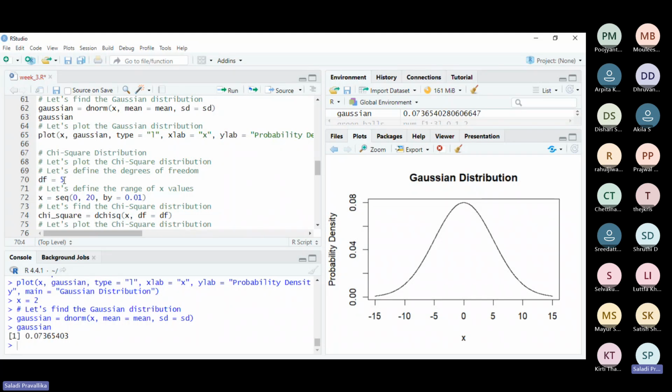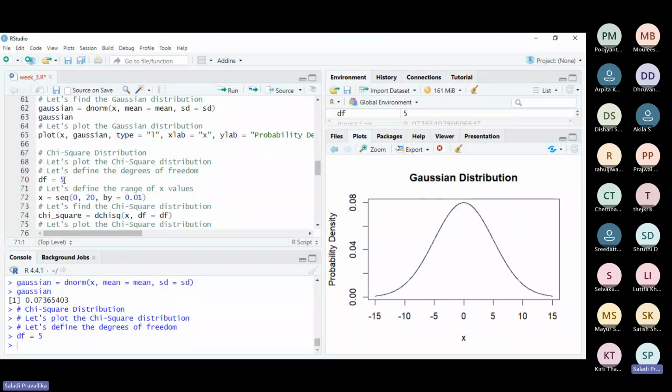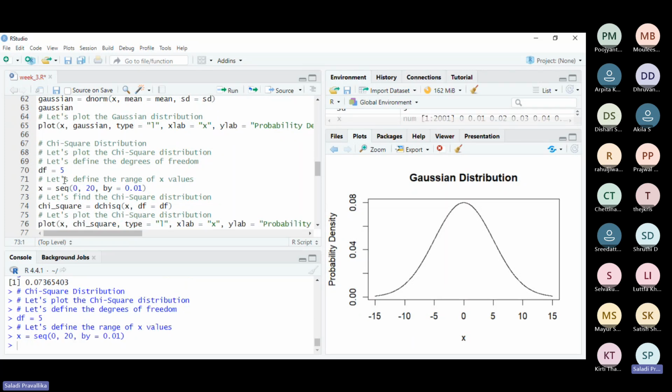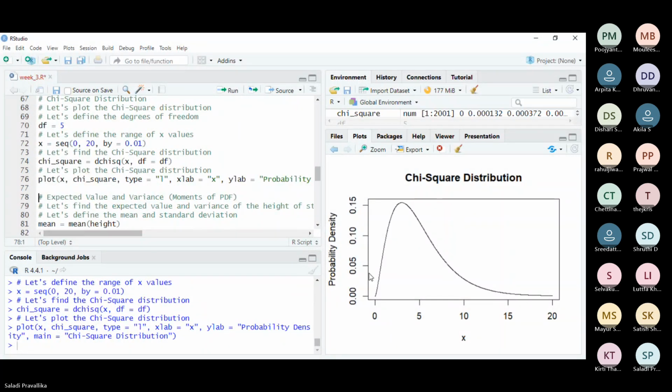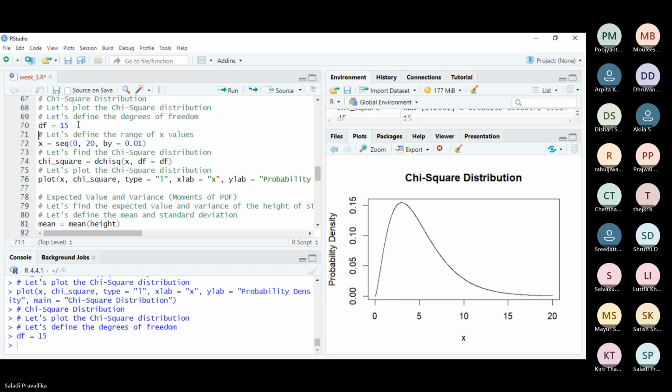So I'm taking a degree of freedom equal to 5, and a sequence starting from 0 to 20. And for chi-square, we use something called DCHISQ. Now for the same x values, I'll give 15.